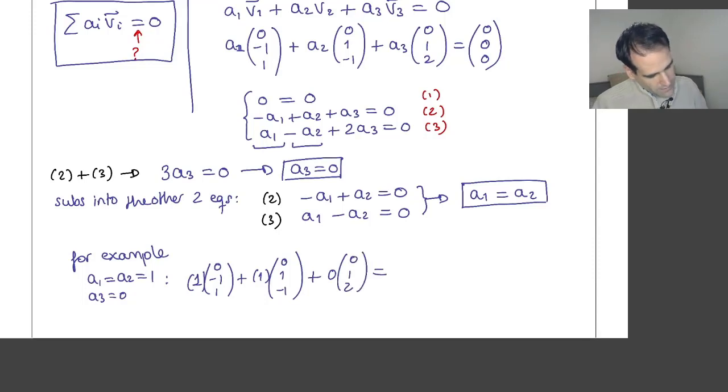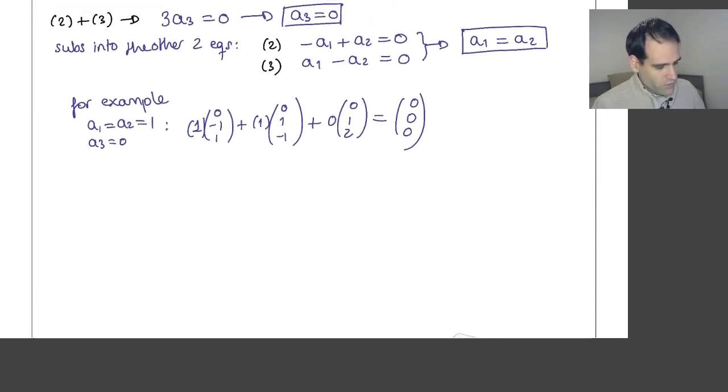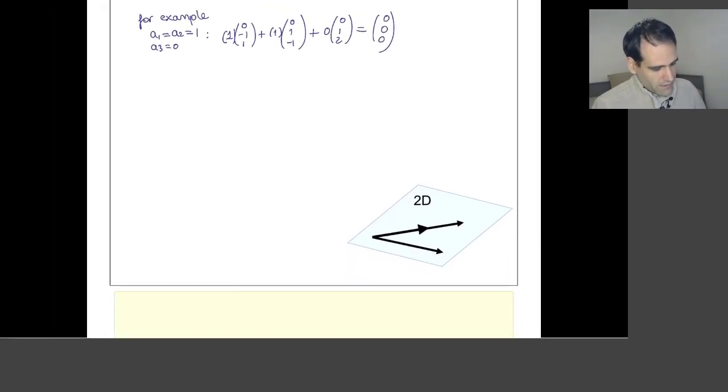And what do we get? We get 0, 0, 0. So indeed we have combined the first two vectors and the result can be 0 without the linear combination coefficients needing to be 0.